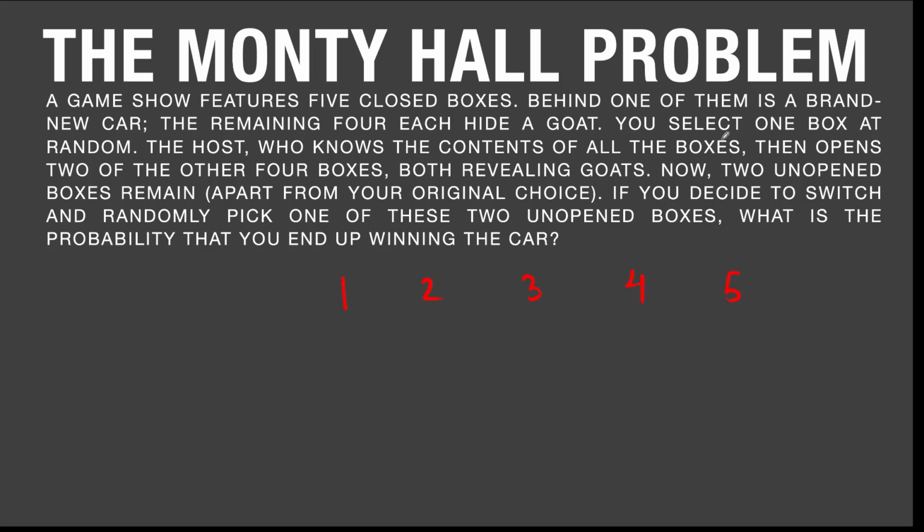The remaining 4 have a goat. You select one box at random. The host, who knows the contents of all the boxes, then opens 2 from the other 4 boxes, both revealing goats. Now, 2 unopened boxes remain apart from your original choice. If you decide to switch and randomly pick one of these 2 unopened boxes, what is the probability that you end up winning a car?